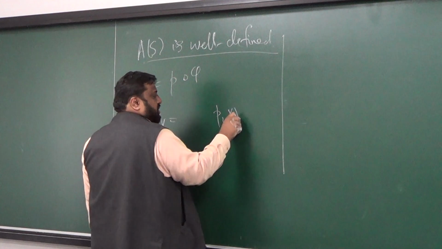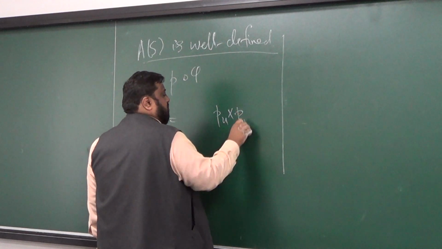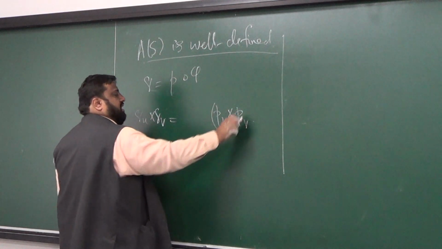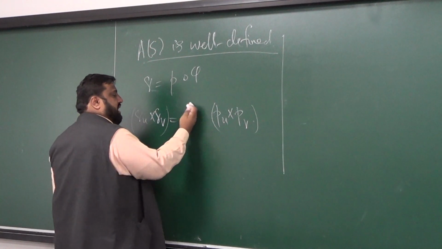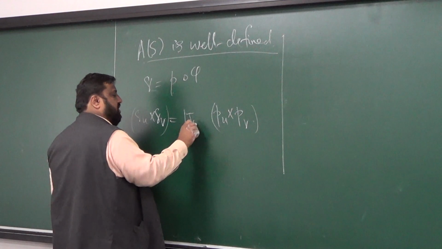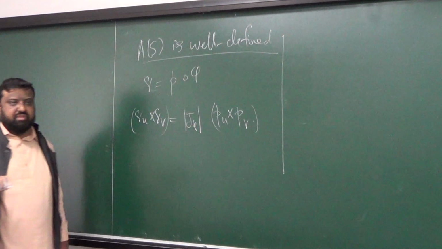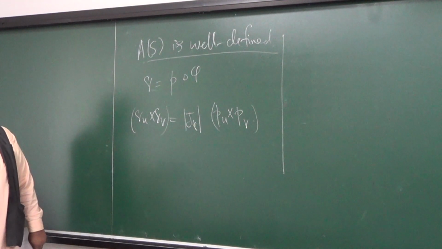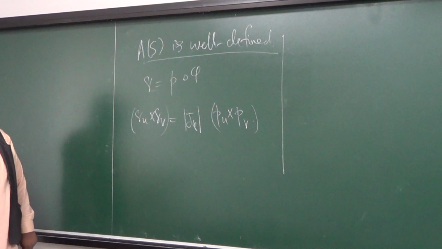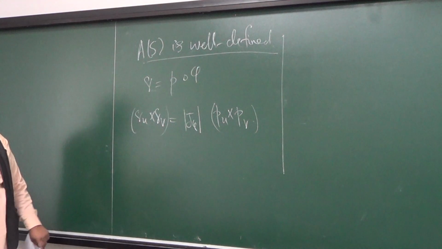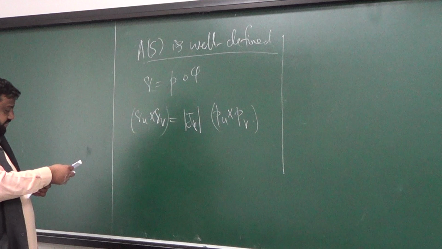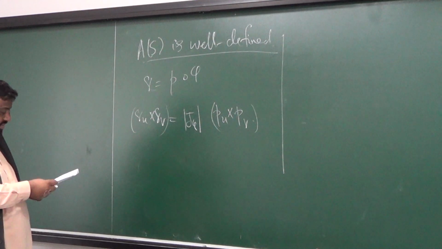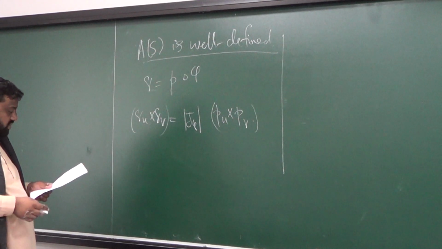Pu cross Pv and Qu cross Qv are related by multiplying by the determinant of the Jacobian of the diffeomorphism. So it really gives you an equality, a relationship between both. So we're going to do this.